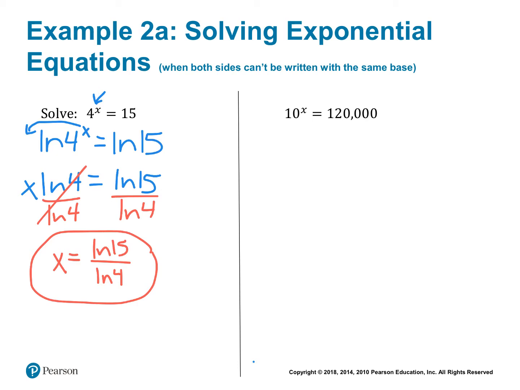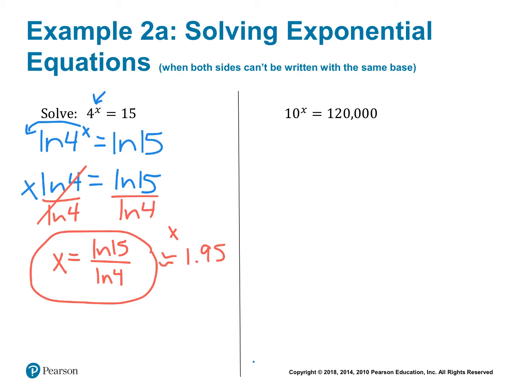Now if you want to see if your answer makes sense, let's go ahead and plug this into your calculator. This is going to give you about 1.95 for x. That would make sense because let's think of what we do know.